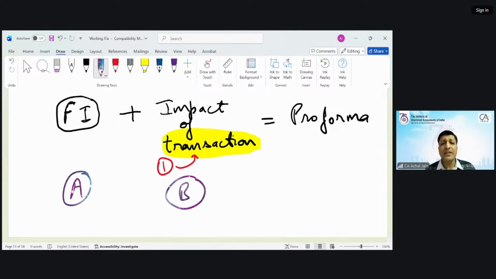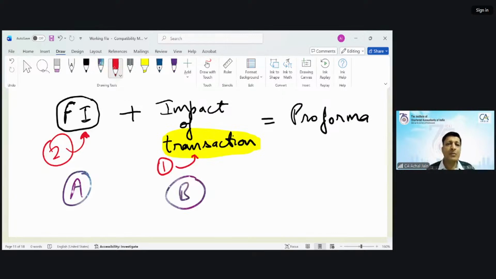But to begin with, for this part B to be put in place, what do you need? Part A. Because there has to be some basis over which you will make the adjustments. If you pick up that basis wrong, then the impact of the transaction on that basis will automatically go wrong. So that's why another type of procedure that you will apply will be on this basis, the financial information which will be there to begin with.